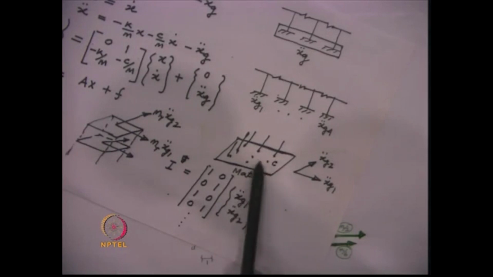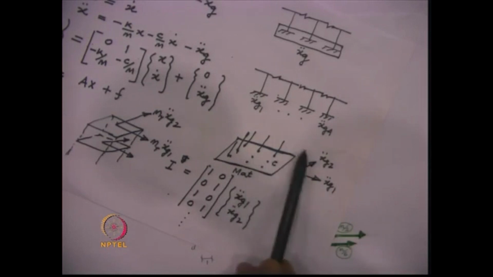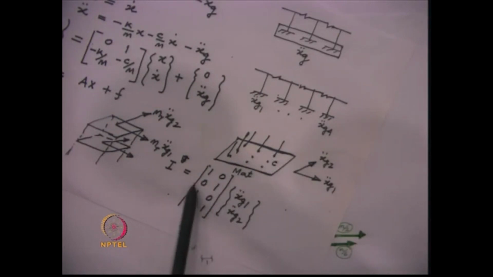Therefore, for these 2 degrees of freedom, the inertia forces which are acting are m x double dot g1 and m x double dot g2, that is what we get. So, this is for one floor, this is for the next floor and so on.